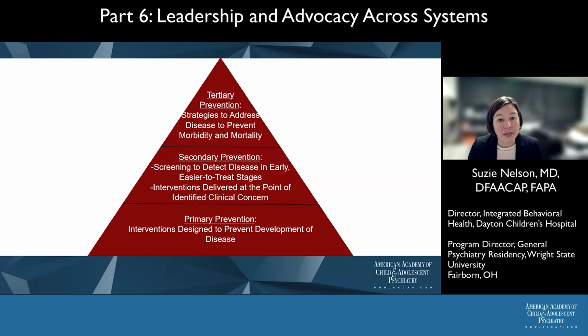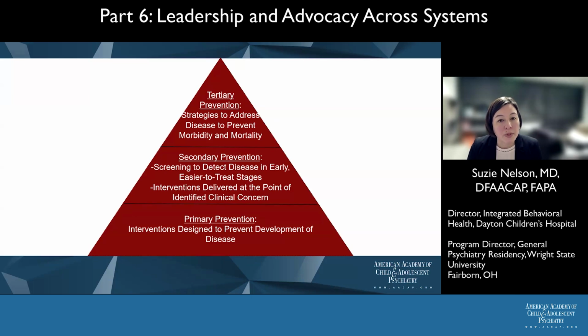What I have illustrated here is what we often think of as the prevention pyramid in public health. And when we start to take a look at mental health and the mental health care provision arm, we see that we can take public health and population-based approaches to mental health treatment and prevention of further challenges that come from not addressing mental health needs sooner in the process.